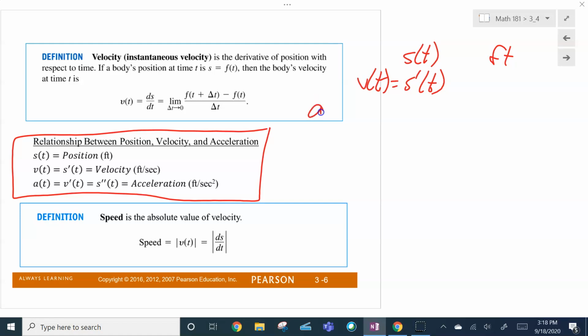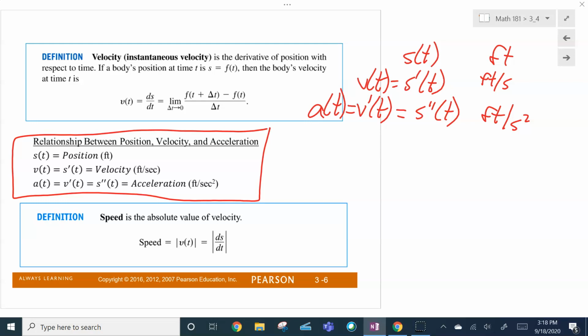Acceleration is the derivative of velocity, the instantaneous rate of change of the velocity, in other words the second derivative of the position. Velocity would be in feet per second, and acceleration in feet per second squared.